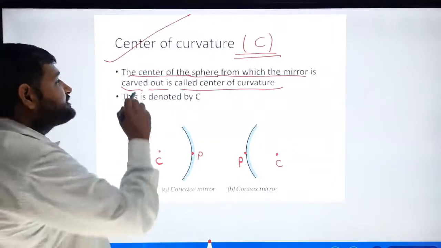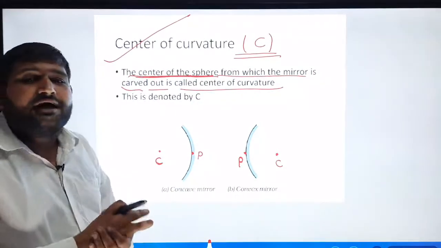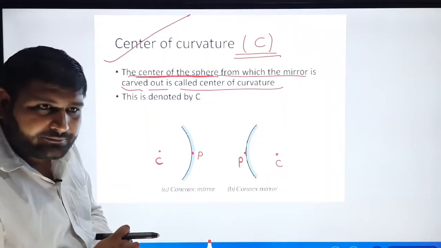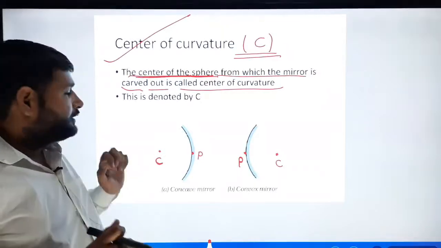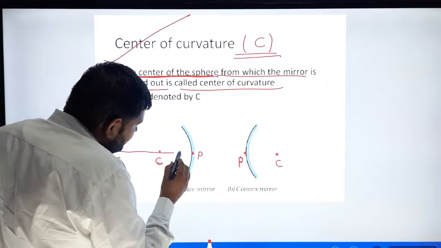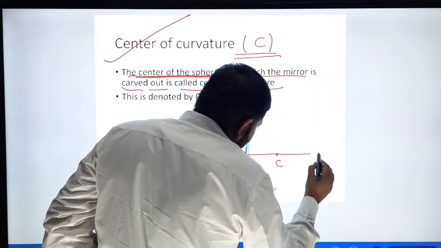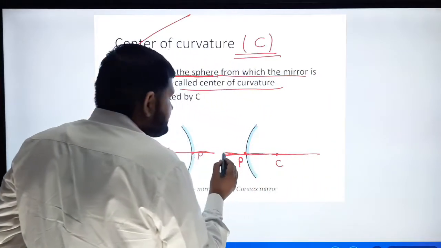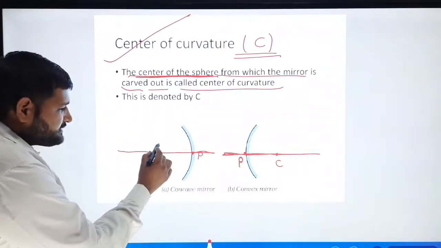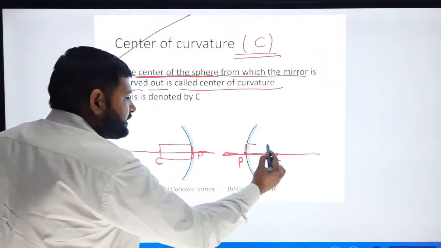The center of the sphere from which the mirror is carved out is called the center of curvature, capital C. Now the next definition that we are going to study is the radius of curvature. What? Radius of curvature. And the radius of curvature is the separation between the pole and the center of curvature.